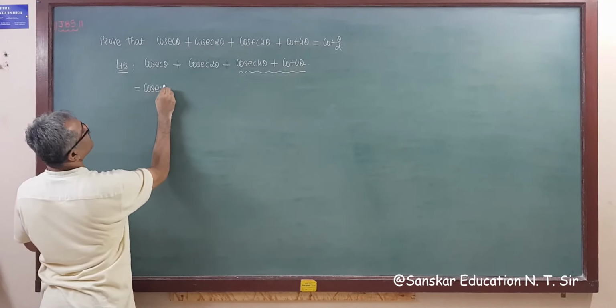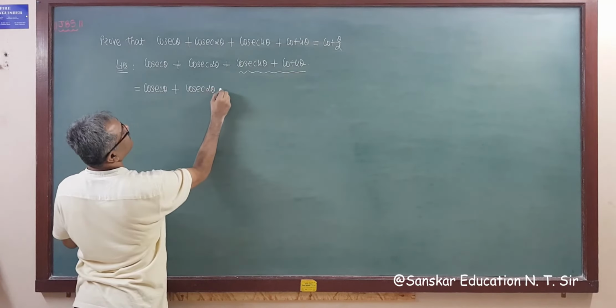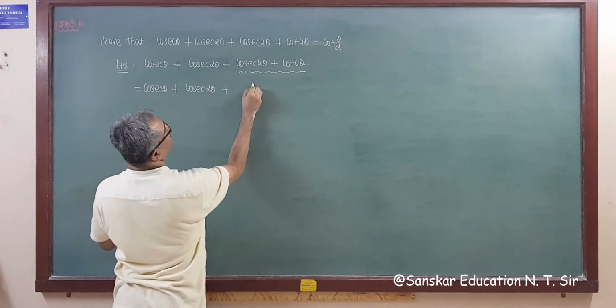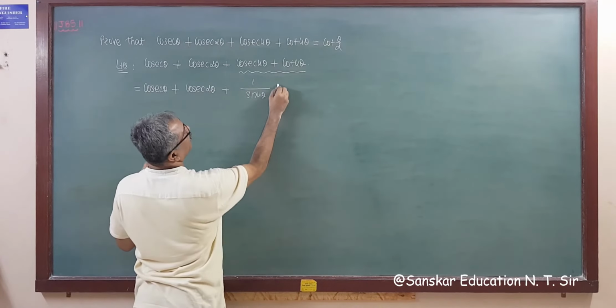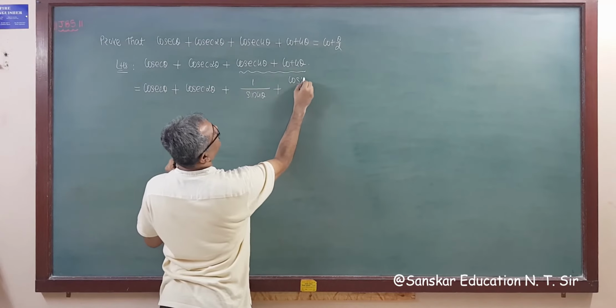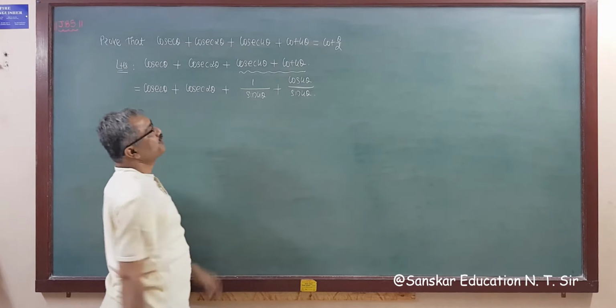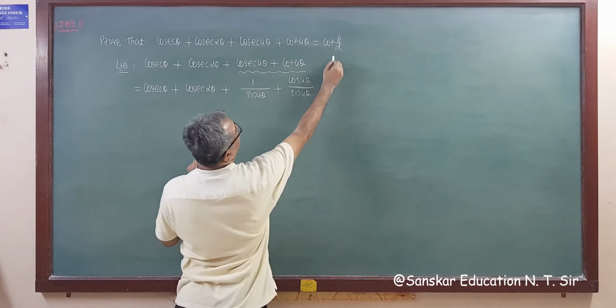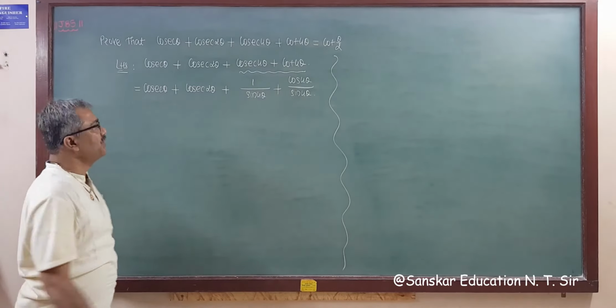So this cosec theta plus this cosec 2 theta remains as it is, plus cosec 4 theta is 1 upon sine 4 theta, and cot 4 theta is cos 4 theta upon sine 4 theta. So taking LCM, what do you get here? If we take LCM, this is 1 plus cos 4 theta.